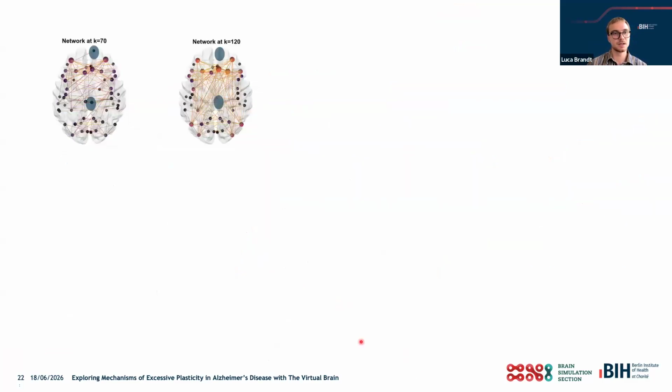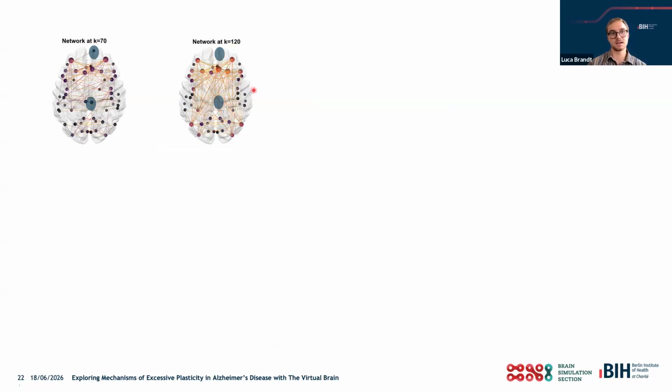Okay, so as I mentioned earlier, there are some nodes in the network being disconnected as a response of the thresholding. Here at plasticity iteration 70, and here at plasticity iteration 120, so at the peak of functional connectivity, there are some regions being disconnected.